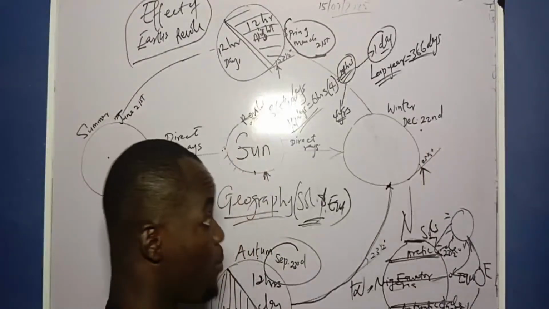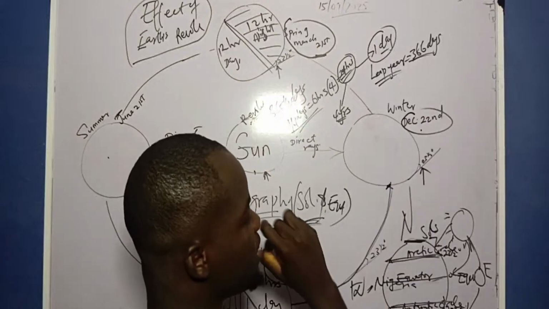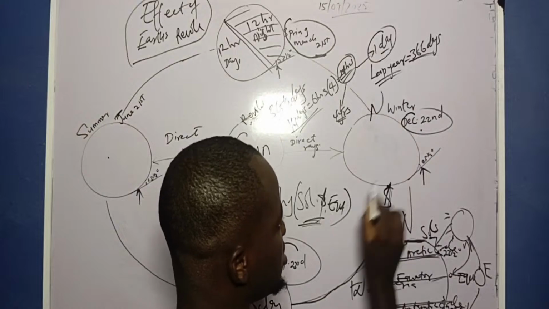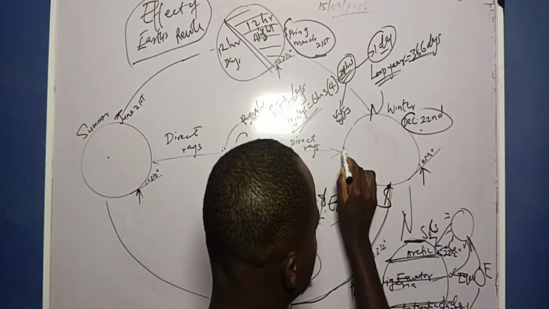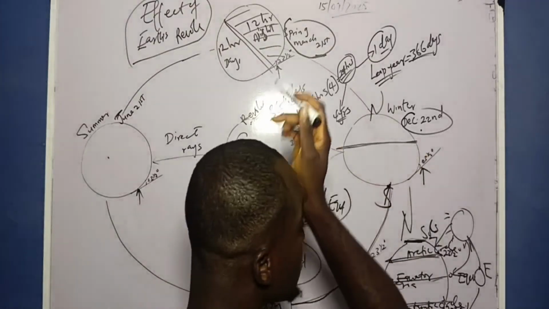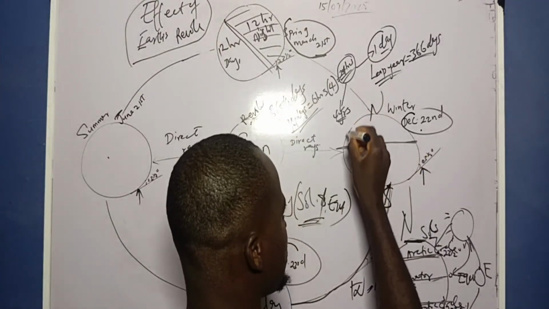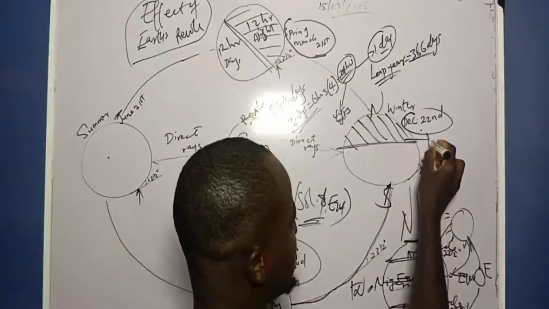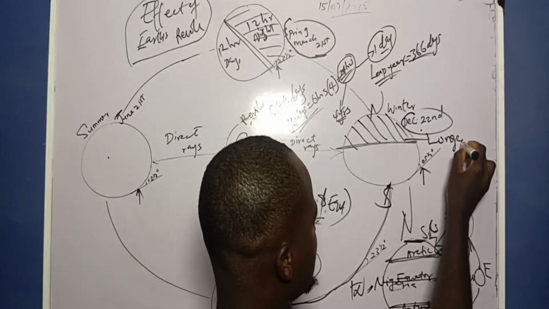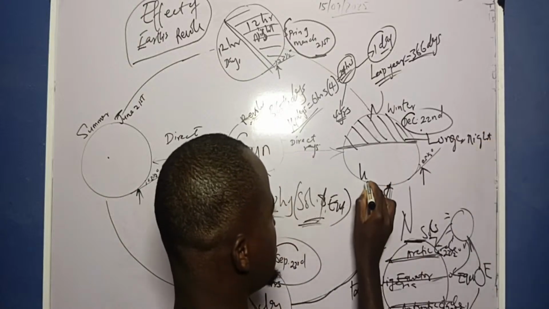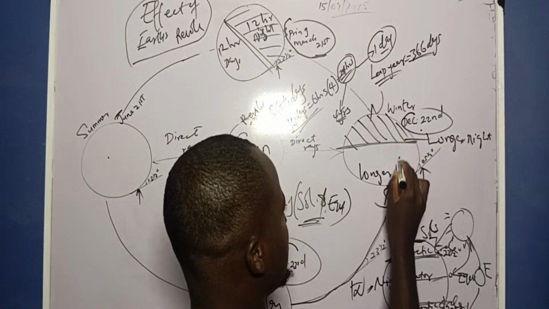December, which we are approaching, 22nd December, this is when the northern hemisphere, here you see it, this part of the Earth will be experiencing longer night, and here we'll be experiencing longer day.